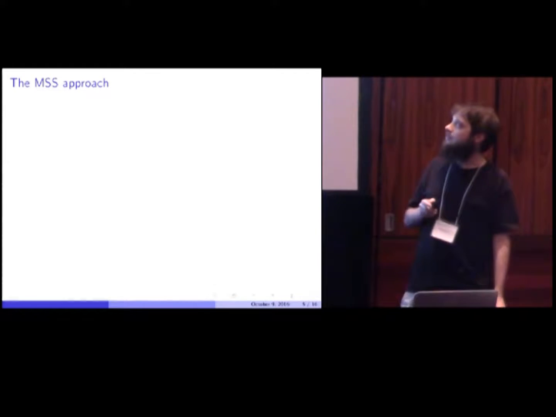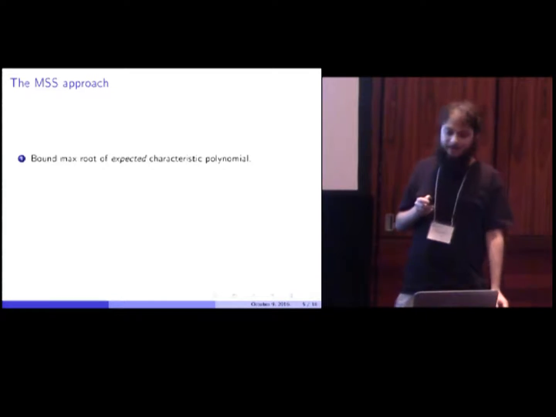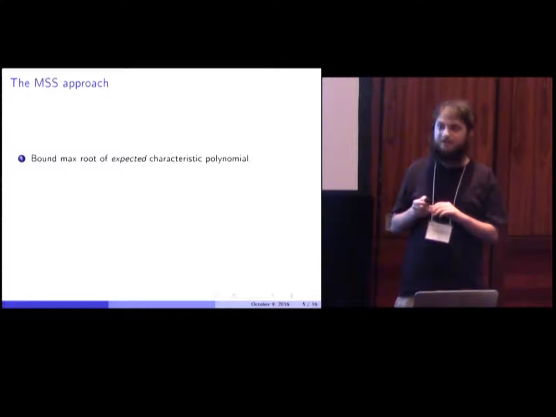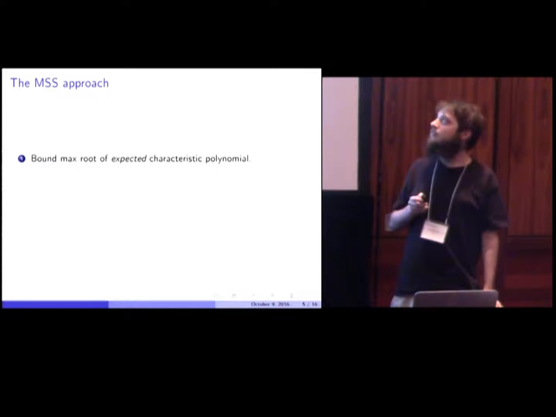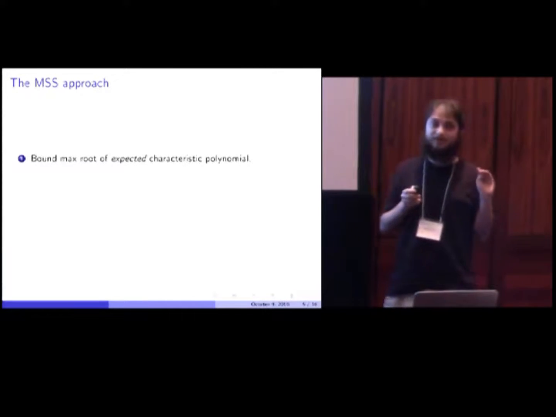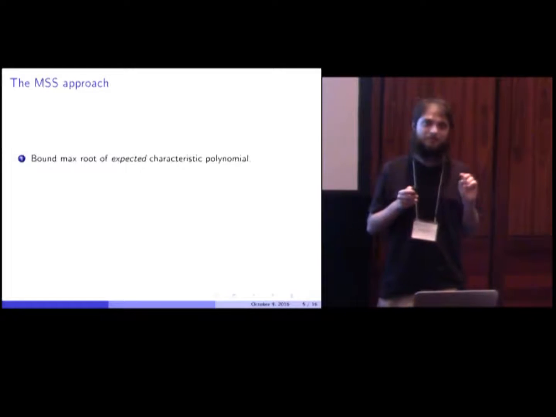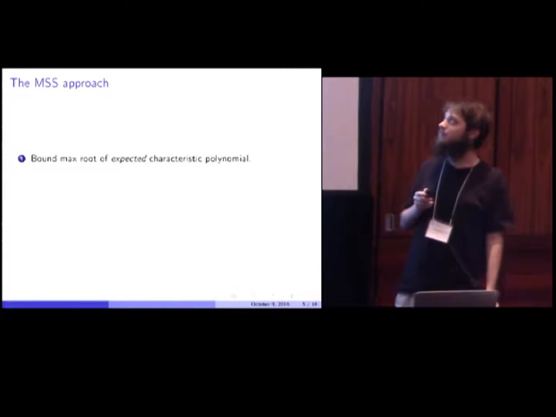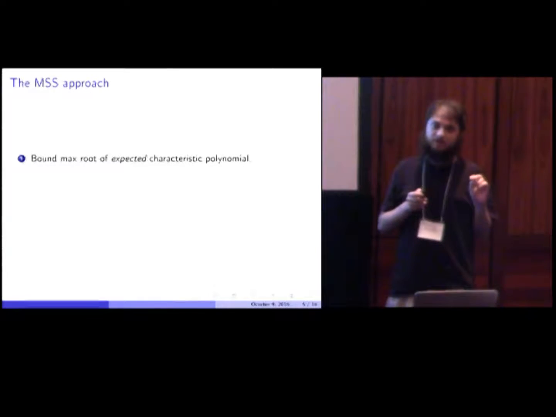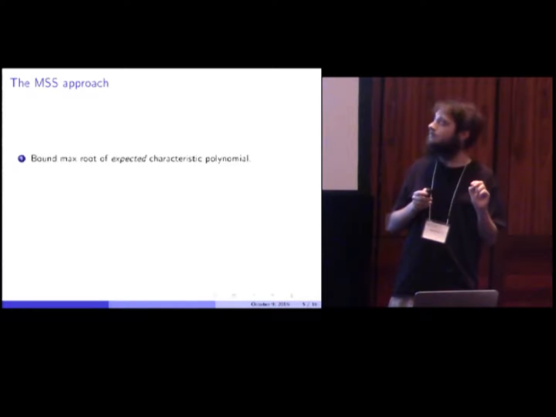Okay. So what is the basic approach of all of these MSS papers? Basically, they have some random process. This is where the random process of things like combining D random bipartite matchings comes out. They compute or bound the max root of the expected characteristic polynomial of the graphs produced by this random process.